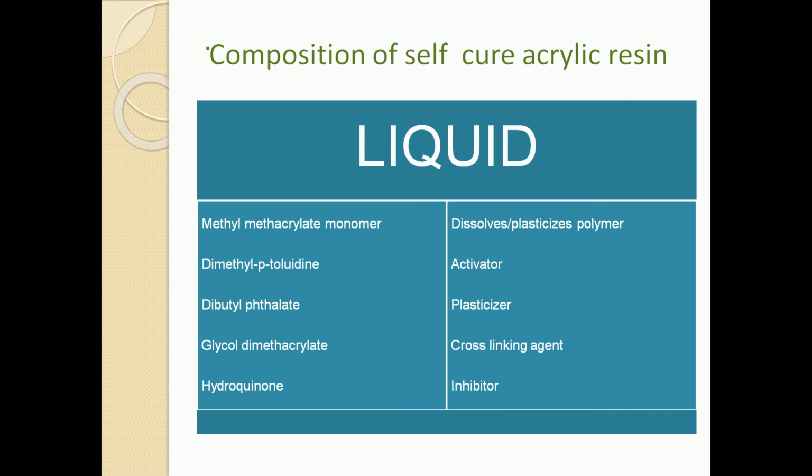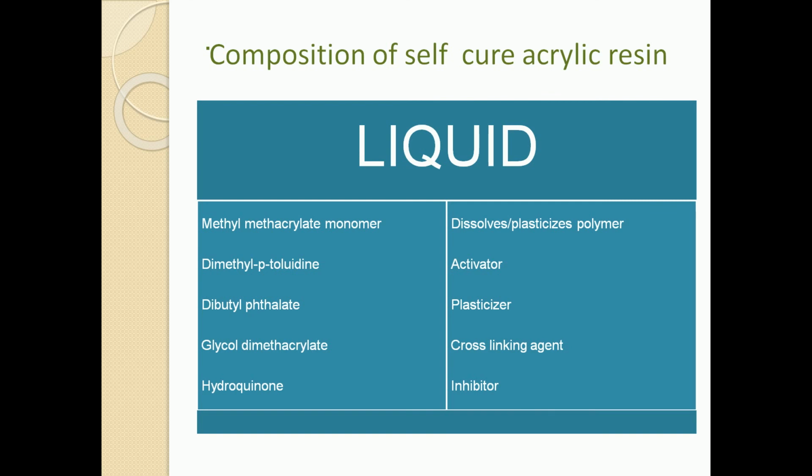Next MCQ was, in self-cure acrylic resin, the activator is, your answer is tertiary amine. It was also asked in your PG exam. Next is, boiling point of methyl methacrylate is, your answer is less than boiling point of water. It was asked in your AIPG exam.